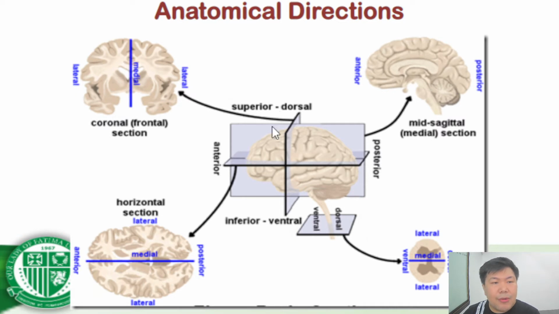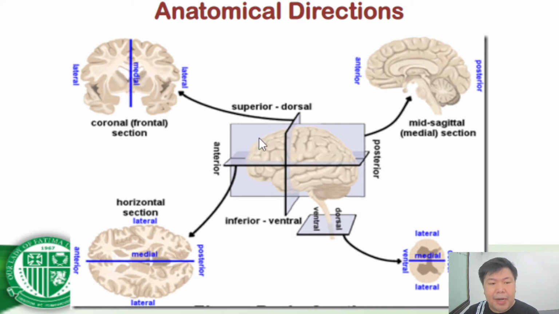Okay? So the front part of the brain is described as anterior. Always yan. Itong part na to. Always it's described as anterior. Naka-side view man siya, nakaharap man siya, nakahiga man yung patient natin, it will always be described as anterior.